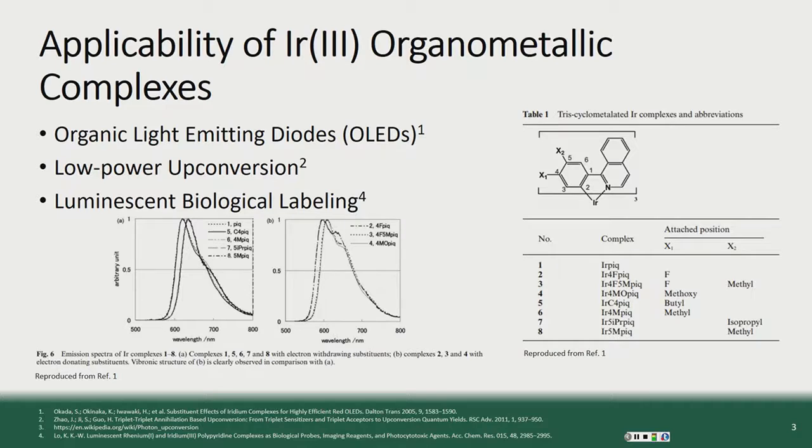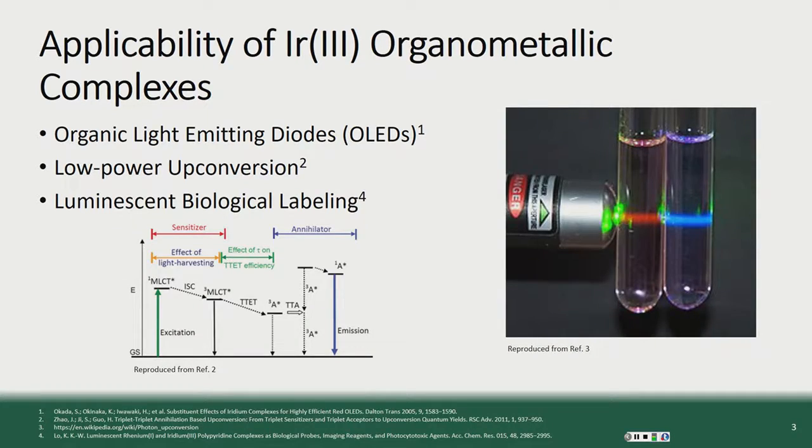The next application is low power upconversion. When you shine light, we want the emission to be above the light absorbed. Here you have a green light, and when you have the upconverter, it turns blue, which means that your emissive state is above the absorption state.